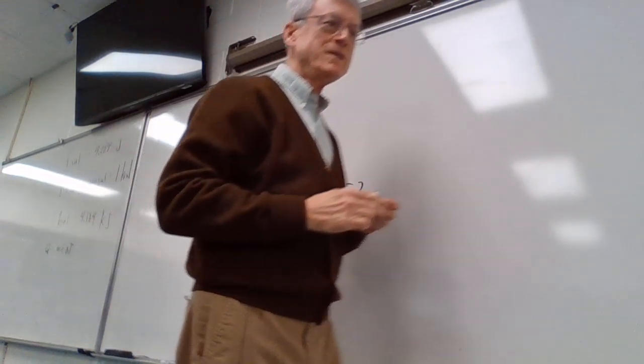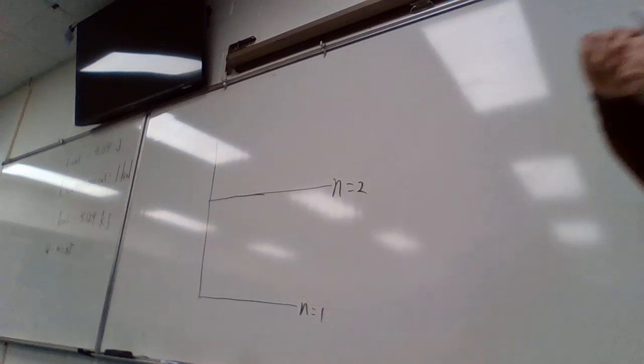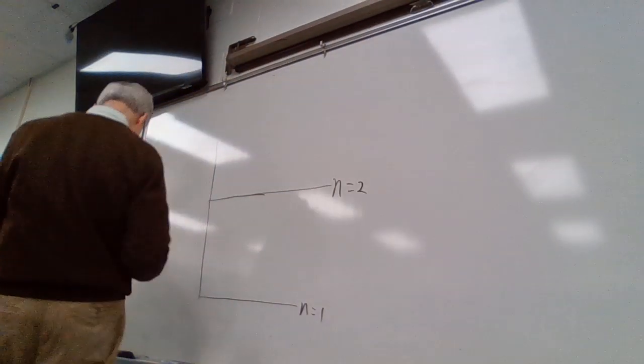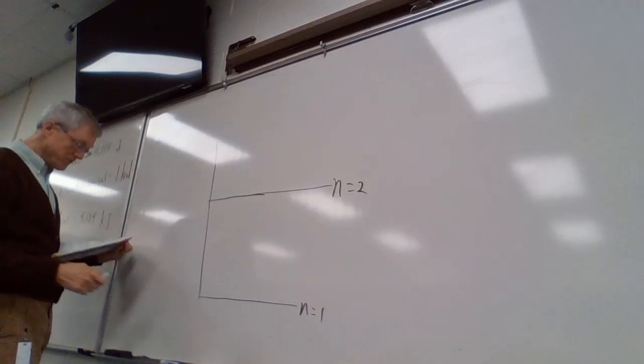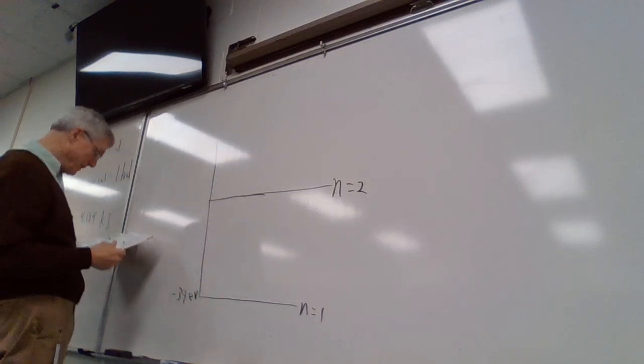Here's my practice problem. The ground state, that's n equals 1, for this hypothetical atom is going to be negative 39 electron volts.